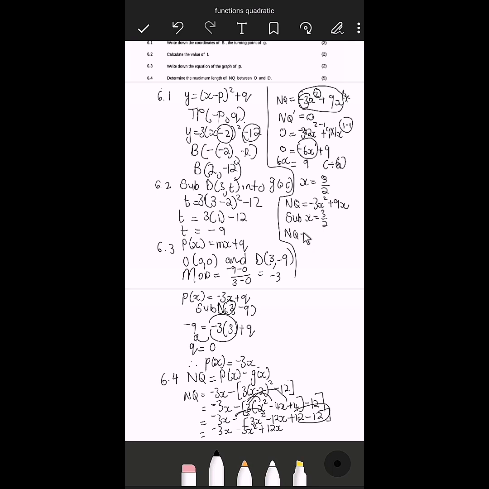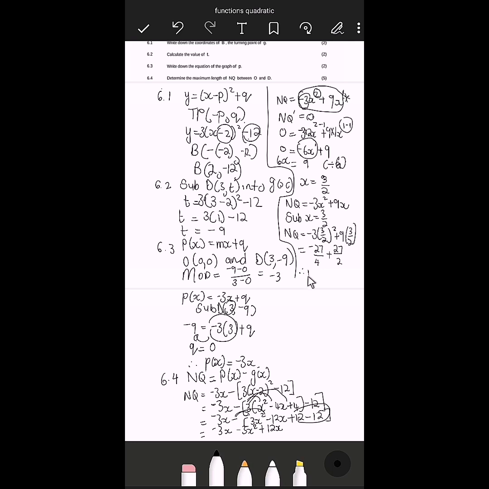That means we are going to have negative 3 times (3 over 2) squared plus 9 times 3 over 2. Okay, so when you multiply everything out, you're going to have negative 27 over 4 plus 27 over 2.